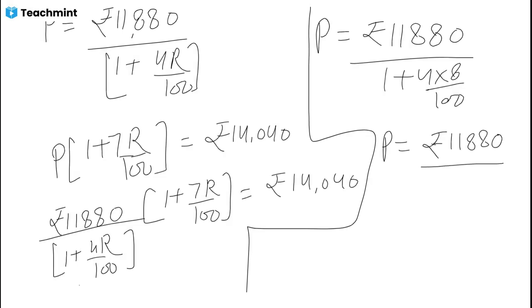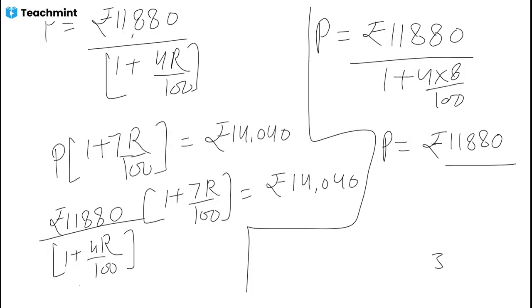11,880 over, you have here 32 divided by 100, then you will have 0.32.